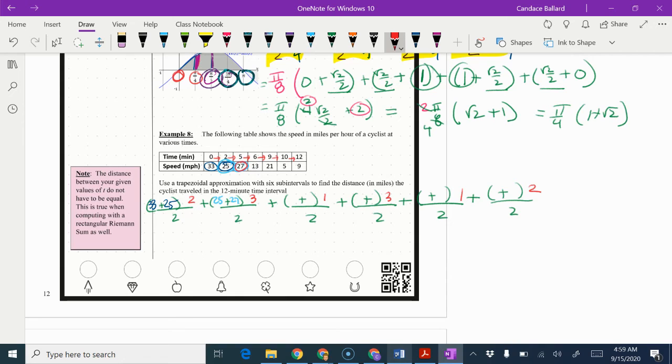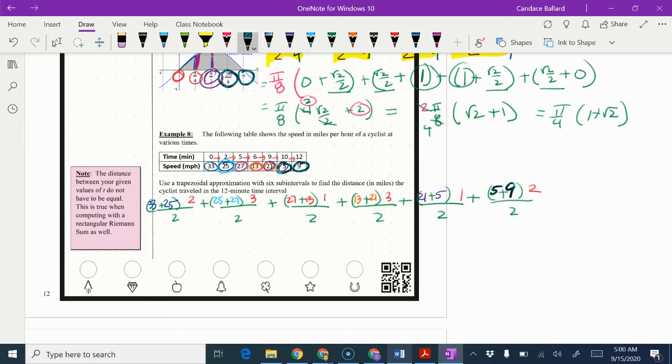Then I'm going to repeat the 27, plus 13. Then I'm going to repeat the 13. So 13 plus 21. Then 21 is repeated, times 5. Then we're going to repeat the 5, and then I'm going to use 9.